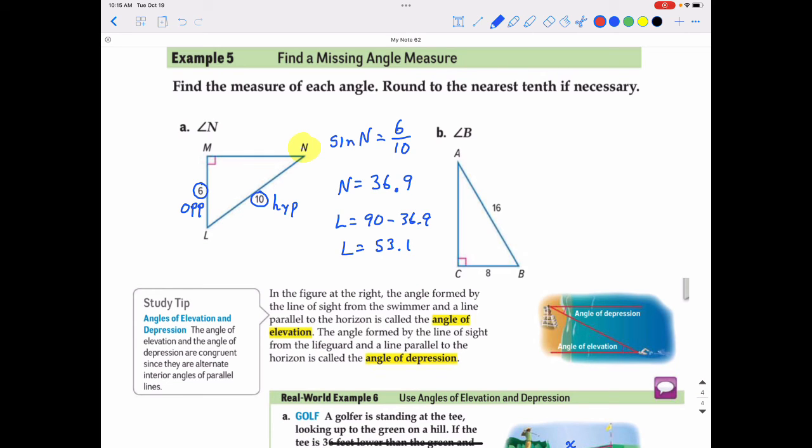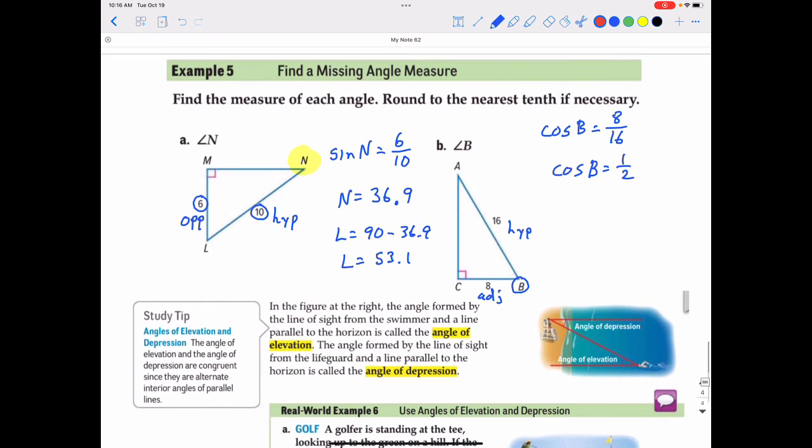Part B wants us to find angle B in a different picture. So angle B being right there. The sides that we know are the 8, which is an adjacent leg, and 16, which is a hypotenuse, and that is going to be cosine. So if we set the cosine of B equal to the adjacent leg of 8 over the hypotenuse of 16, notice that 8/16 can simplify to 1/2.